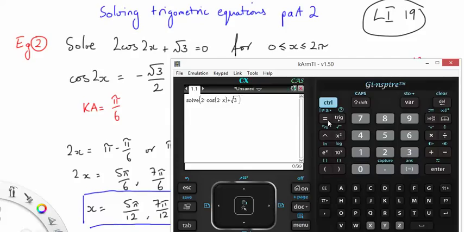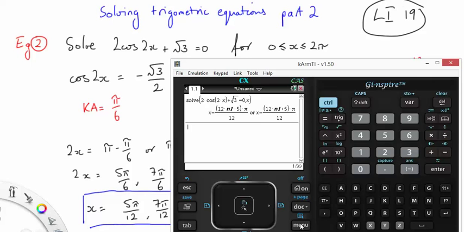And that equals 0. This is going to give us our general solution, and we're solving for x. Yep, that's the general solution we had in the previous video. Instead of k, they've chosen this bold n1, but that was one of the answers we came up with when we factorized and took out the pi.